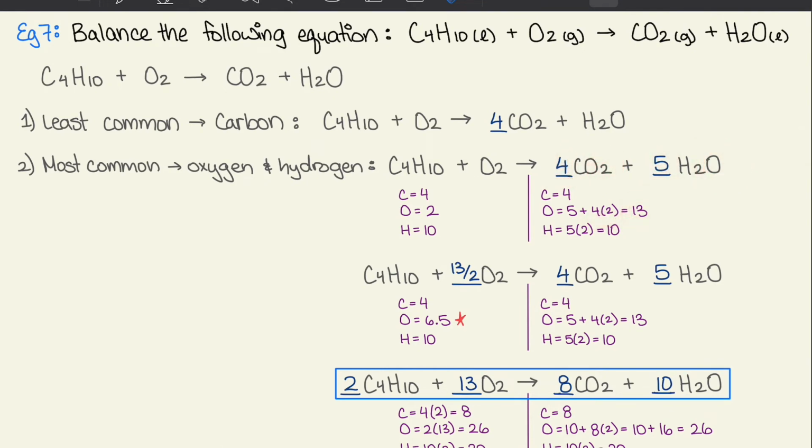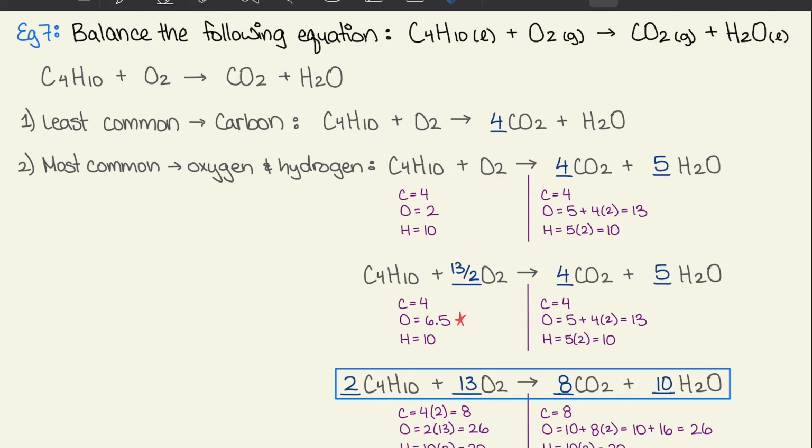Because the reactants is 2 and products is 13 for oxygen, what we have to do is look back at the reactants and put 13.